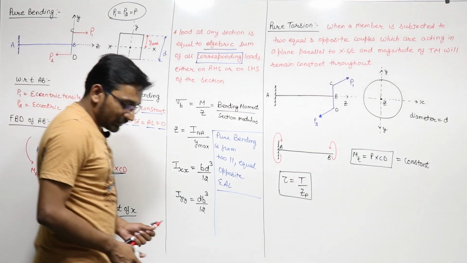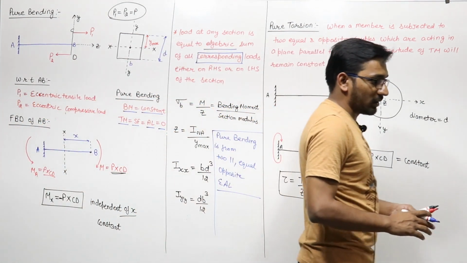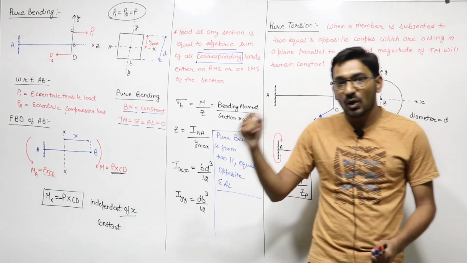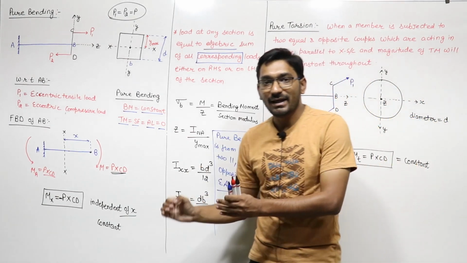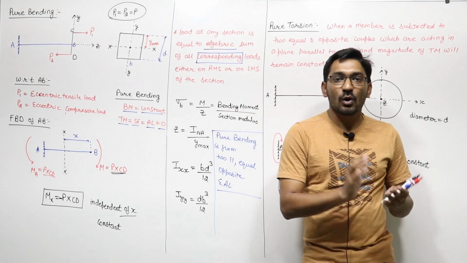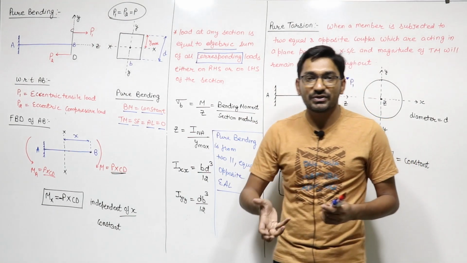Next is pure torsion. We already saw what pure axial loading is and what pure bending is. The last one is pure torsion, or pure twisting moment.